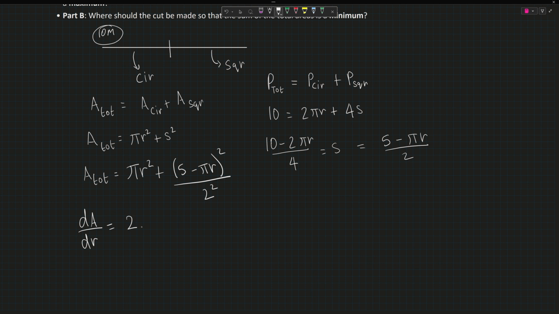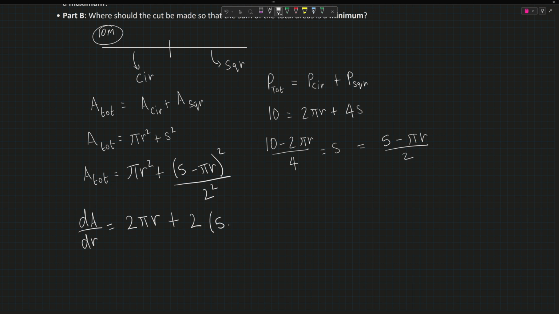Alright, so what we're going to do is take the derivative of this: 2 pi r plus, this is a chain rule if you couldn't tell. That's right, even parentheses in an expression give us a chain rule, which is a good thing because I don't have to do the factoring and expanding out, so I can leave it in factored form.